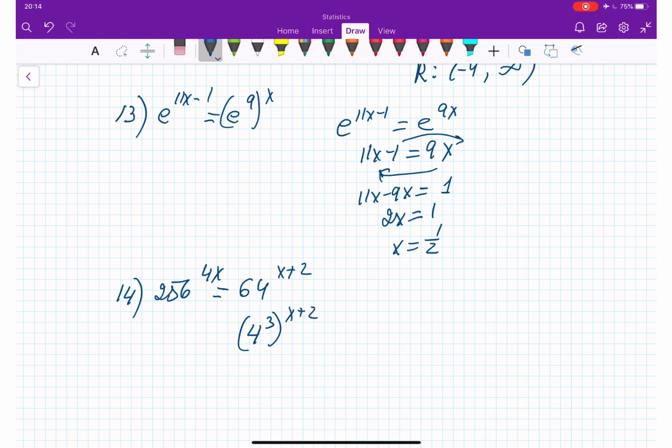Now, since 256 is a big number and you don't know what base you're gonna take, you look here. Here you have base 4. Now try to get base 4. So to get base 4, what you wanna do? You wanna take the radical of degree 4 from 256. Okay? And let me see how much it's gonna be.